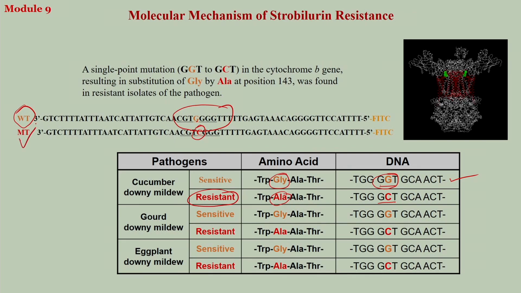This single point mutation actually saves the microorganism from getting killed. So, they will persist and they will destroy more crops. That is how they have become resistant. Similarly, downy mildew has the same mutation, the same change of amino acid. Eggplant downy mildew has the same, even rice blast has exactly the same mutation and exactly the same change of amino acid, and that is how the microorganisms are now resistant.